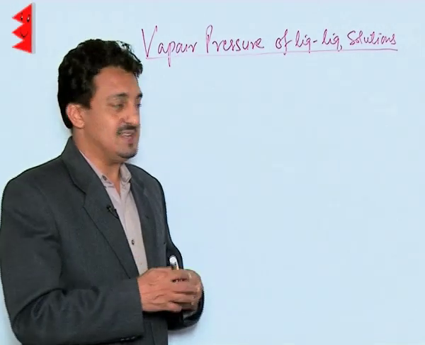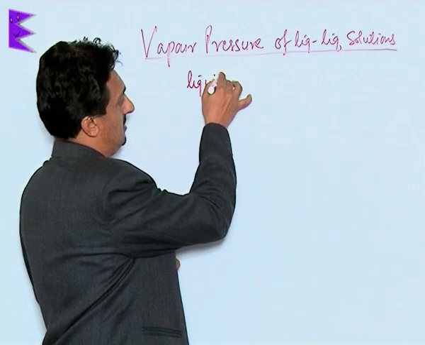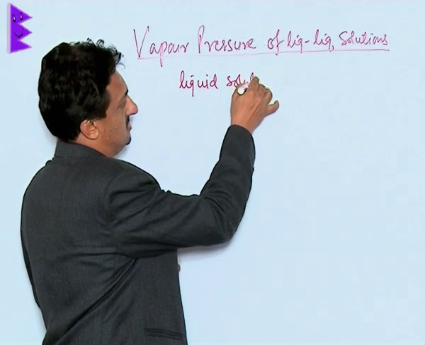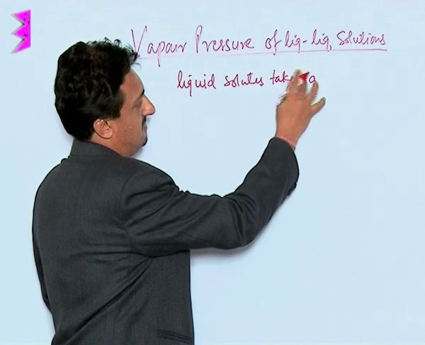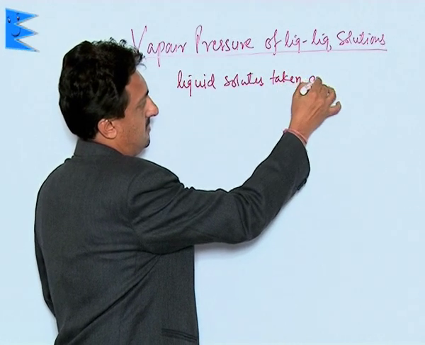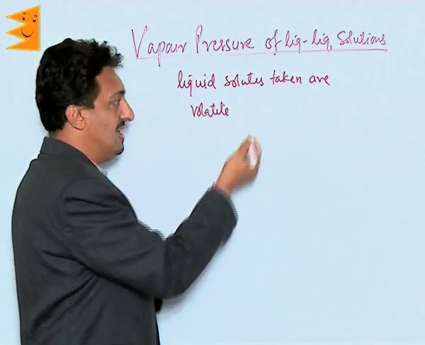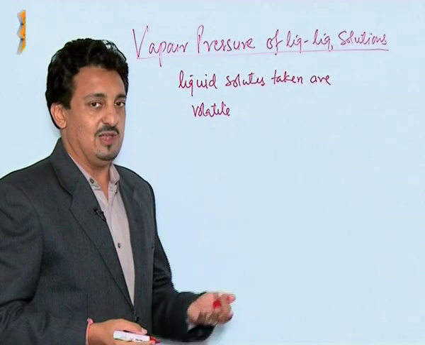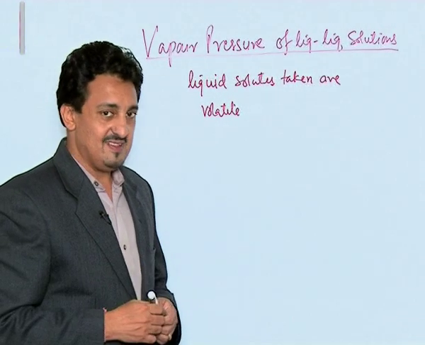What we find is that the liquid solutes taken are volatile. In fact, both the liquids, the solute and the solvent, are volatile. It means they can easily evaporate to the vapor state.